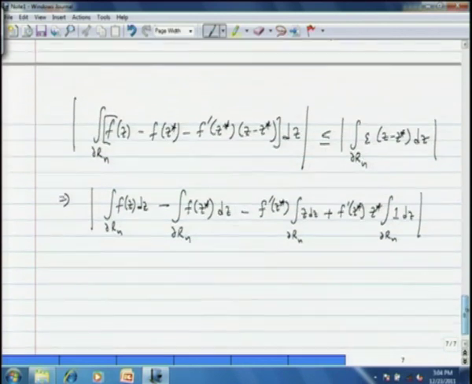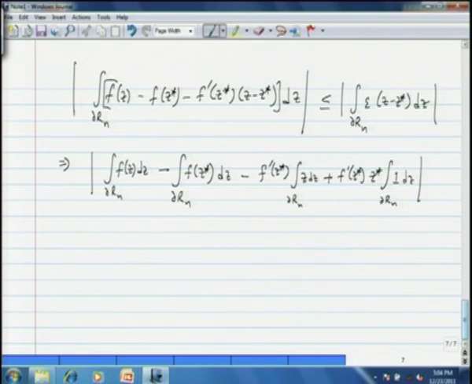So, that is the left hand side of this inequality.